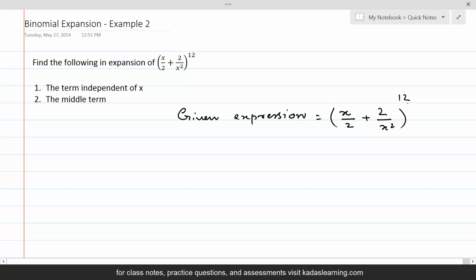Always when we are required to find the term independent of x, or the middle term, or the term involving x^5 or x^10, we always start with the general term. So let's write down the general term.